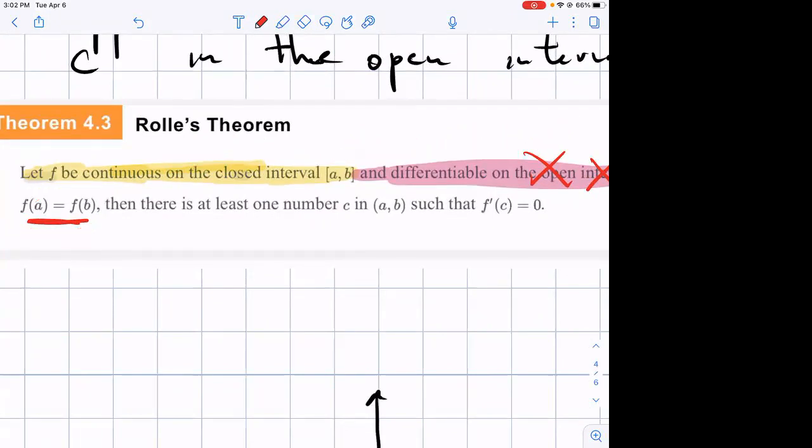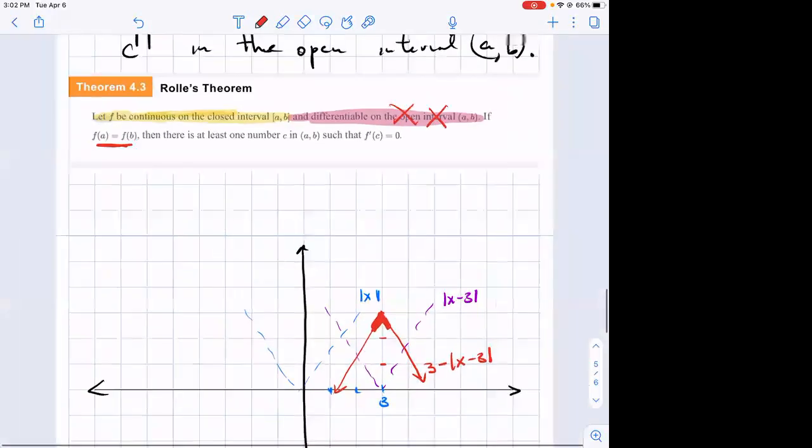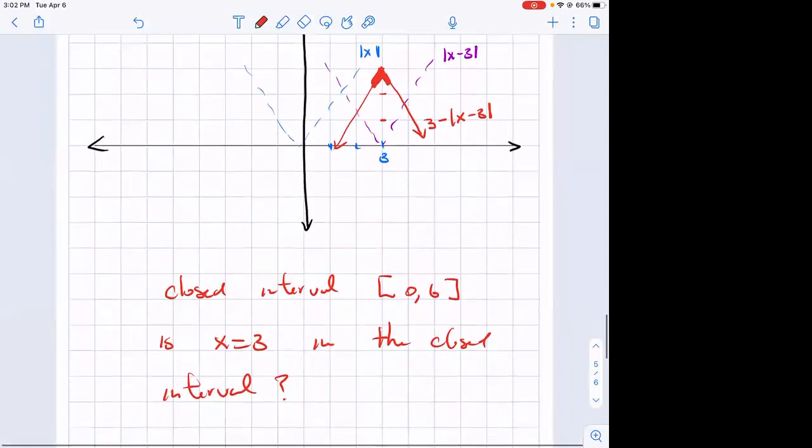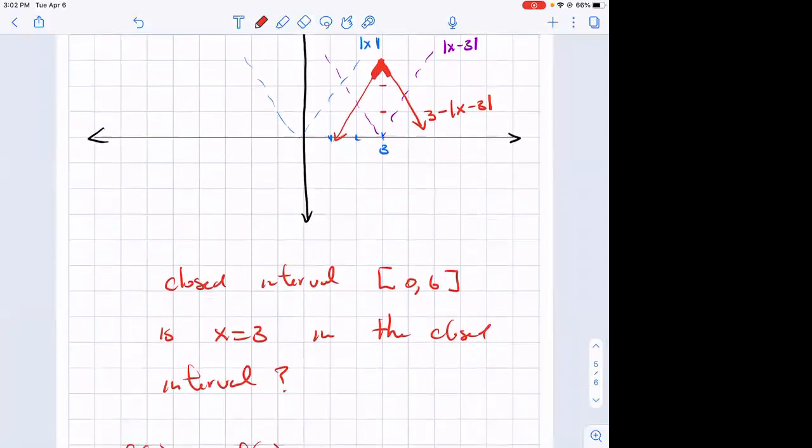Okay, guys? So your answer for this question is that the function is continuous. It is in a closed interval, but it's not differentiable on the open interval. Hence, Rolle's theorem is not satisfied. Any questions with that?